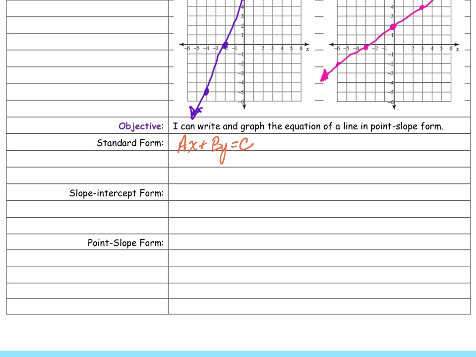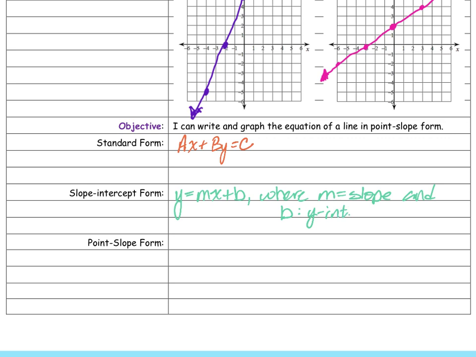Second one is slope-intercept form. You guys already know slope-intercept form says y equals mx plus b, where m equals my slope. We've talked about this for the last couple days. And b is the y-intercept.